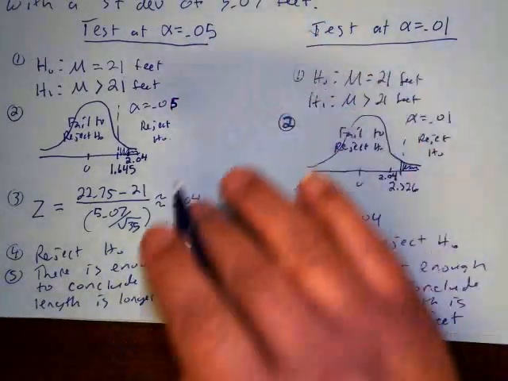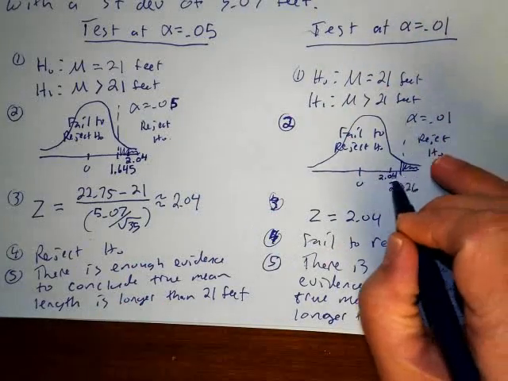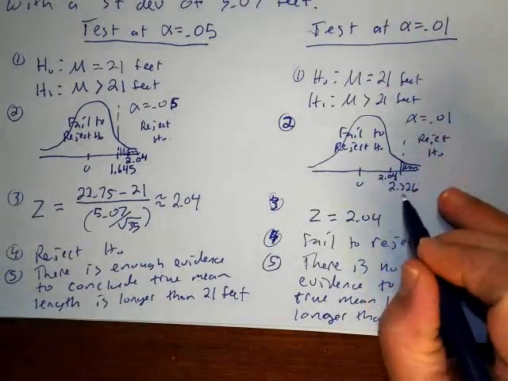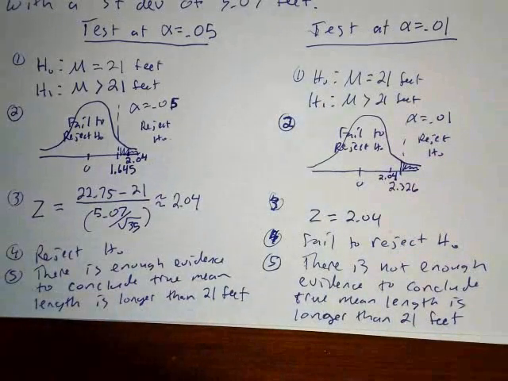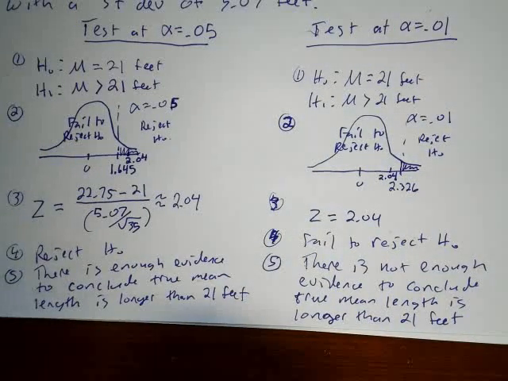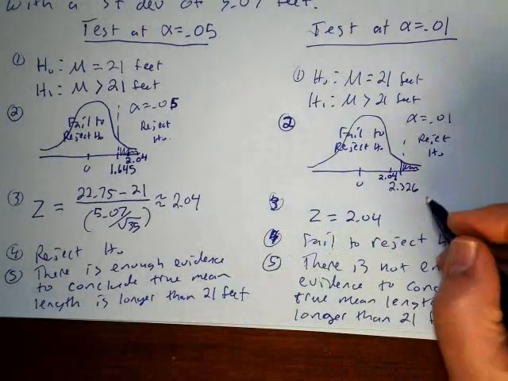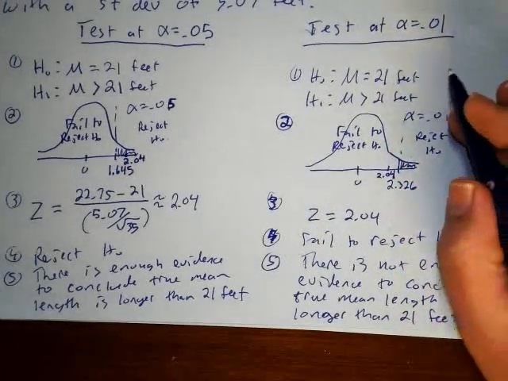But if I really want to make sure I don't make that error, then I can decrease my alpha and make it harder to reject. Okay? But in this case, I would run the risk of committing a type 2 error, which is accepting H0 when H0 is false. Okay? And you should reject it. So I run the risk of committing that in this case.